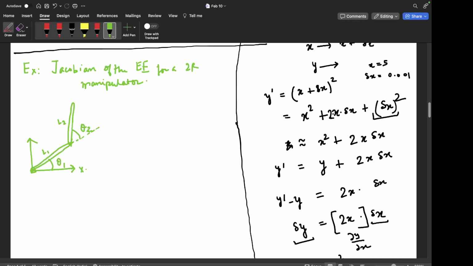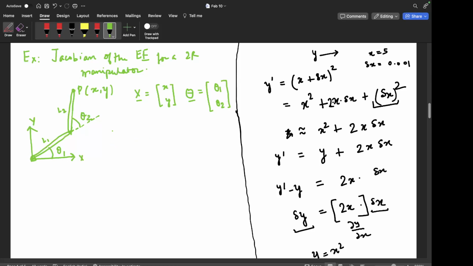This is the x direction, this is the y direction of the inertial frame or the base frame. And this is the end effector. So let's denote the end effector position as small x comma small y. So for our planar manipulator, the end effector position vector is x y. This is the task space quantity, and the joint angle vector is capital theta, so that is theta 1 and theta 2.